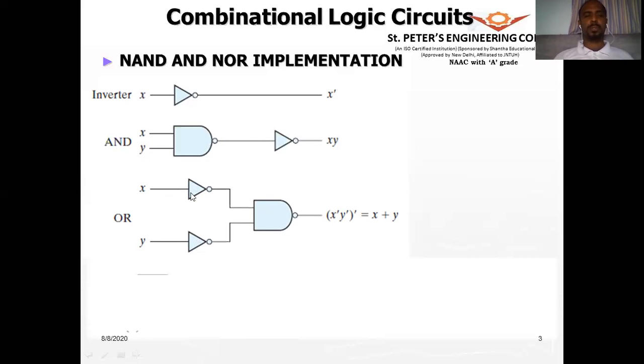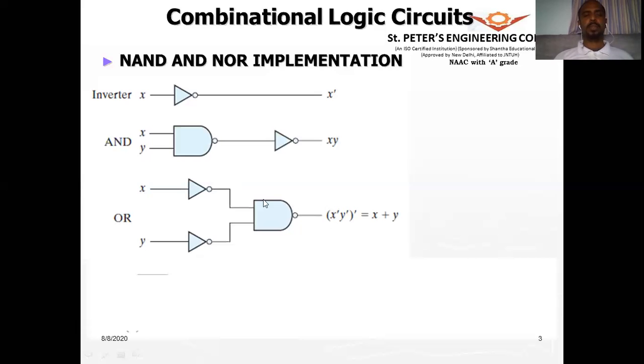Then the output of these two NAND gates, which are being used as inverters, will now be given to the 2 inputs of the NAND gate. So what is the output here? The output of the first NAND gate working as an inverter will be X complement, and here it will be Y complement.